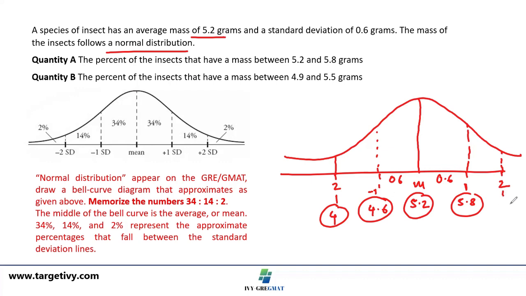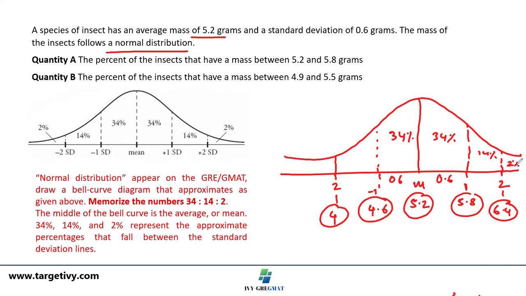So our old formula: 34%, 34%, 14%. Remember, this is normal distribution. It should be given, otherwise we cannot plot this kind of a graph.